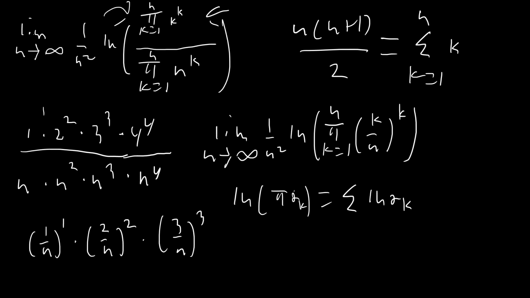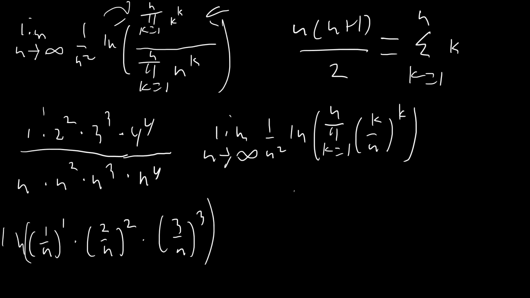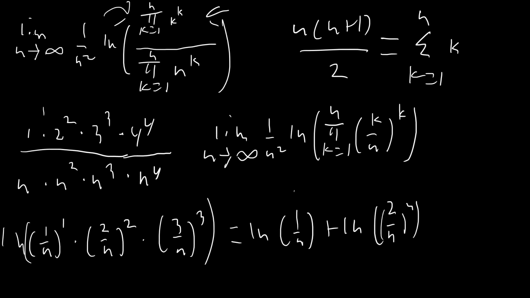And so we can see this because on the inside we're going to have just ln of this, right? But because of the properties of natural logs, this is equal to ln 1 over n plus ln 2 over n squared plus ln, and so on and so forth, right? Because we can expand natural logs out in that way.